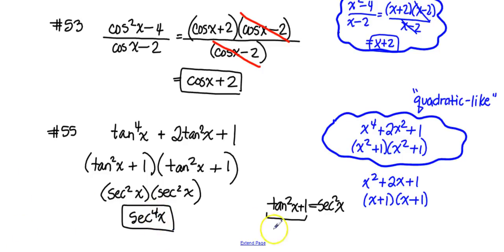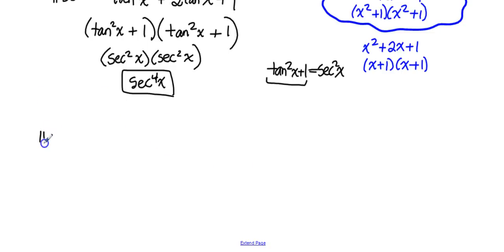Last example. Which says cosecant cubed, third power, minus cosecant squared minus cosecant plus 1.